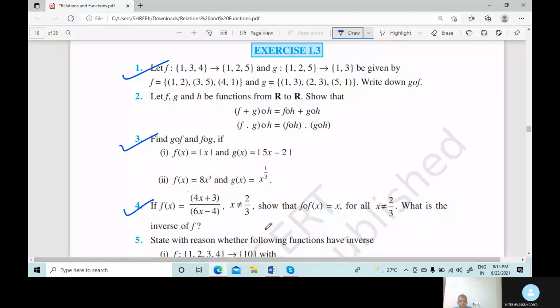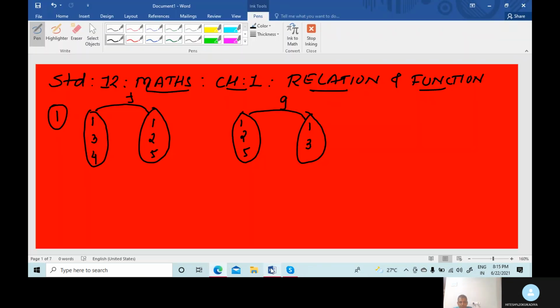Now the relation for function f: 1 to 2, 3 to 5, 4 to 1. So the range of the function f is {1, 2, 5}, and the domain of g is also {1, 2, 5}. So the range of f is a subset of the domain of g. That means the composition of functions is possible.